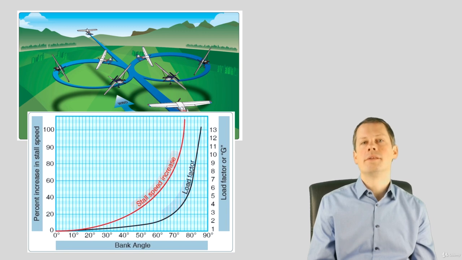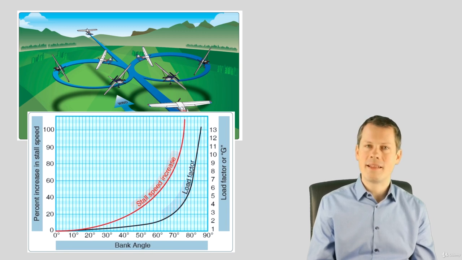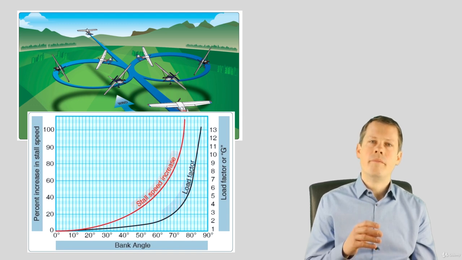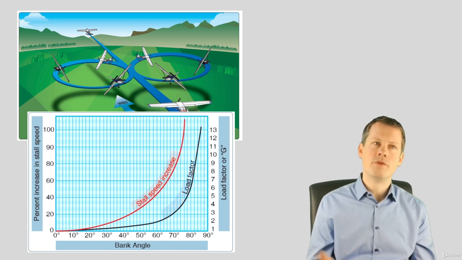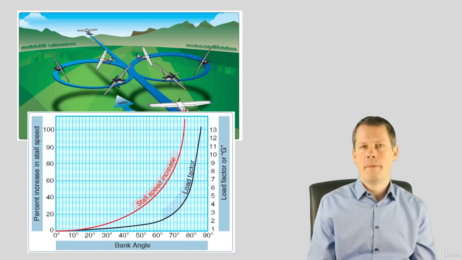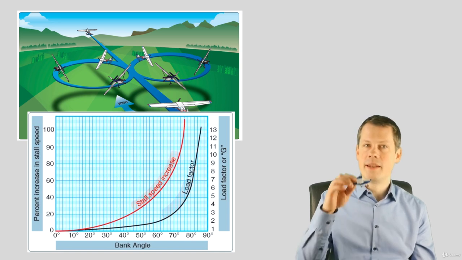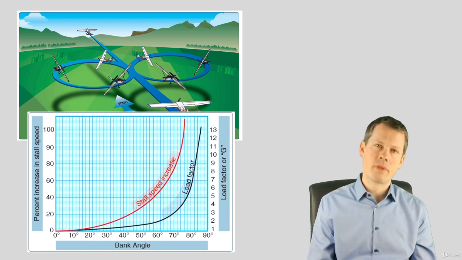We'll learn that the stall directly only depends on angle of attack. And this also, in a given flight situation, corresponds to a speed at which the airplane stalls. But all the given stall speeds in the handbook and also on the airspeed indicator are just for straight and level flight, but not for turns.